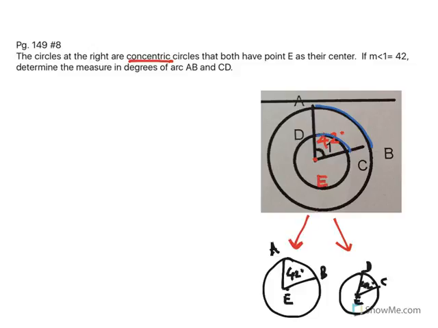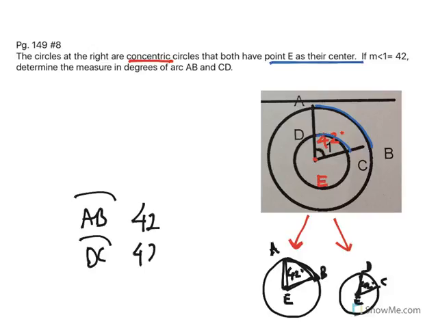Remember, a central angle is an angle that has its vertex at the center, E, which the question tells us both of them have, and it has two radii as sides. Both of these have radii as their sides. So we know that the measure of arc AB is 42, and the measure of arc DC is 42. And that is our answer to this one.